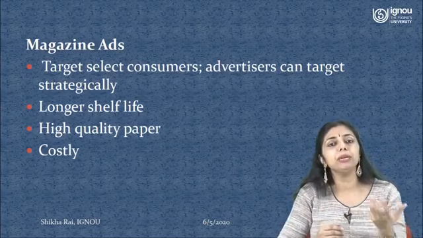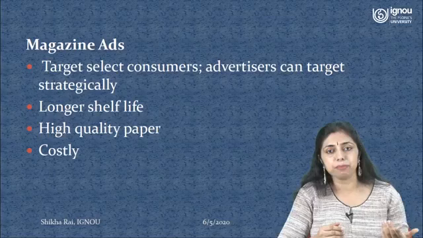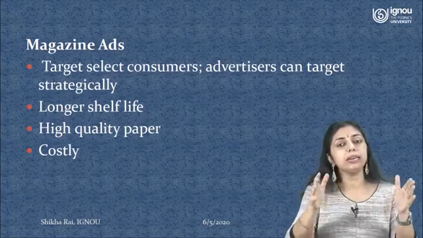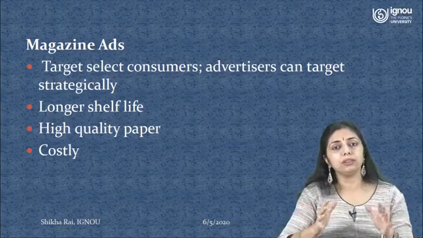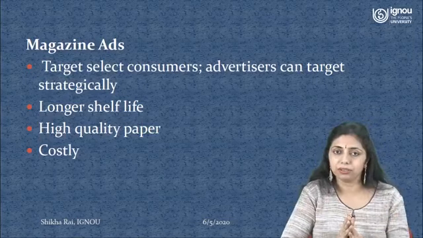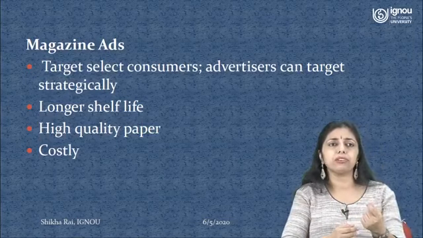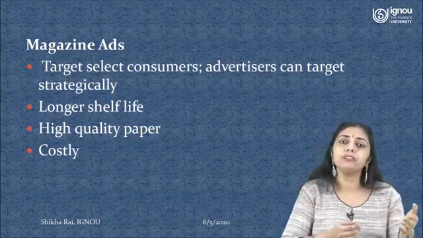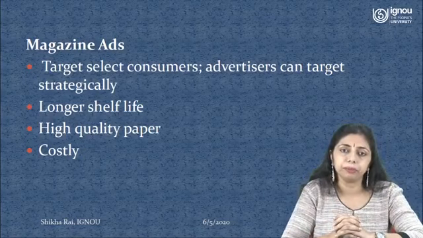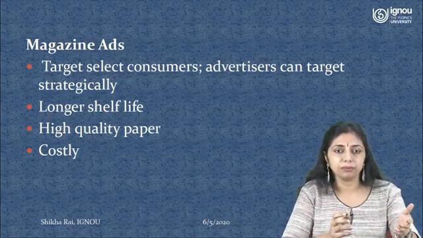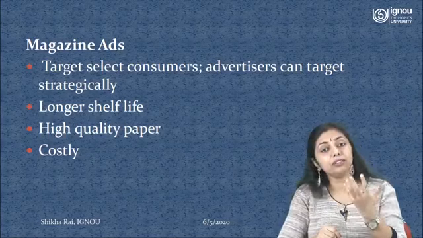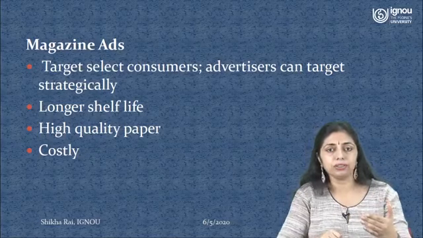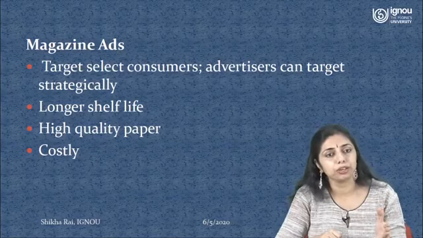Then you have Women's Era, which is a women's magazine. So you have already selected the audiences, which are the audiences of the magazine. So when you are promoting, say for example, a cosmetic brand, obviously Women's Era could be a better medium than Interiors. So advertisers can strategically target their audiences and accordingly push the communication.